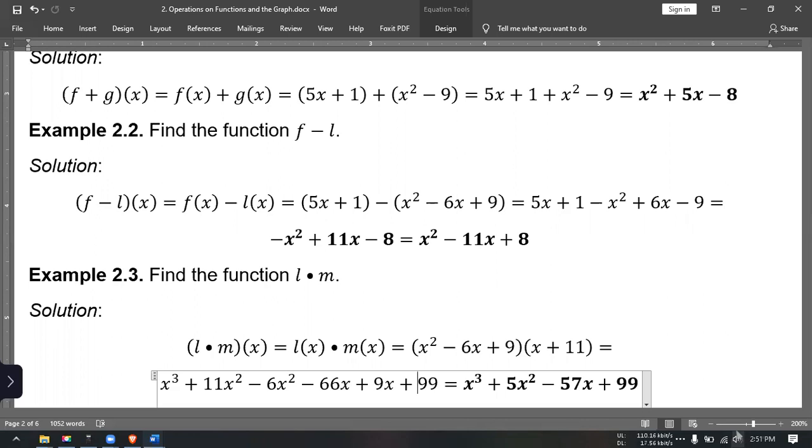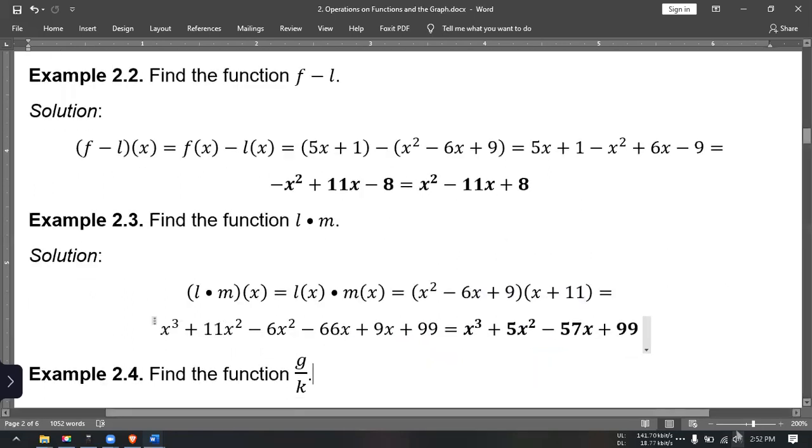So for this case, we have L defined by the function x squared minus 6x plus 9, and then we have the function m as x plus 11. So we have to distribute every term of L to every term of m. Tama.